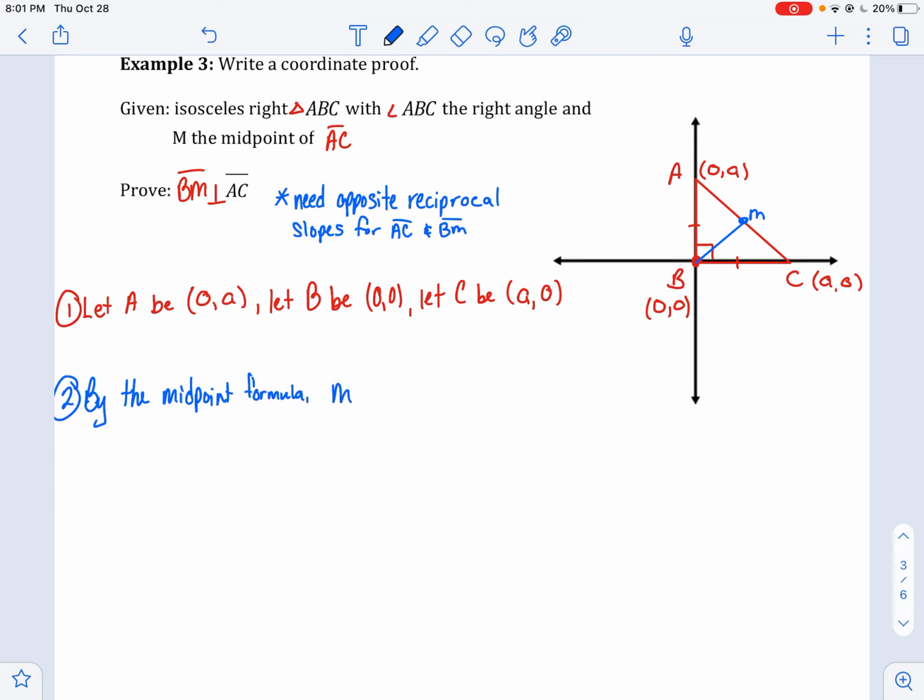So M is, you add up your x's and divide by 2, add up your y's and divide by 2. So M would be a over 2, a over 2.